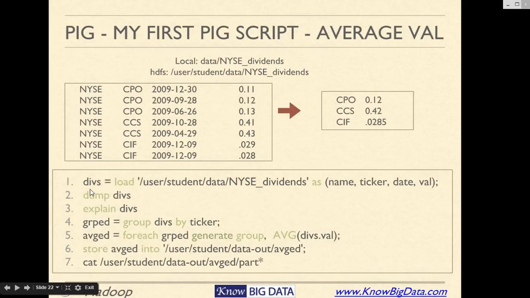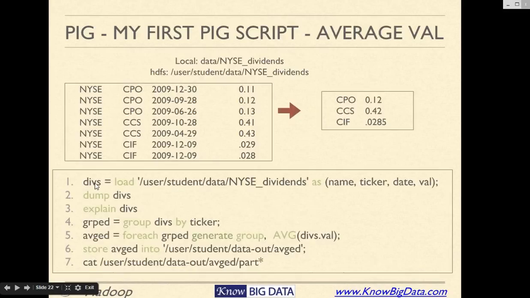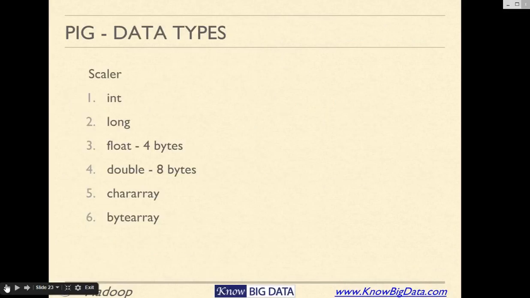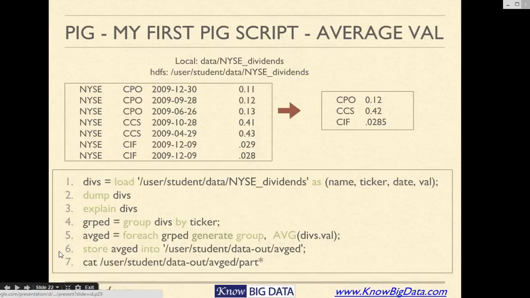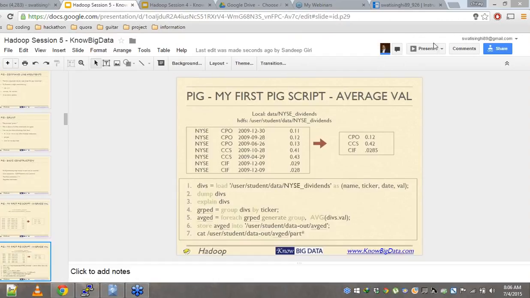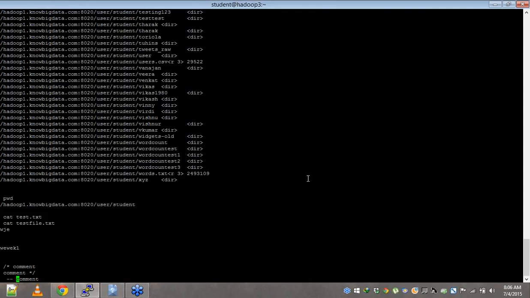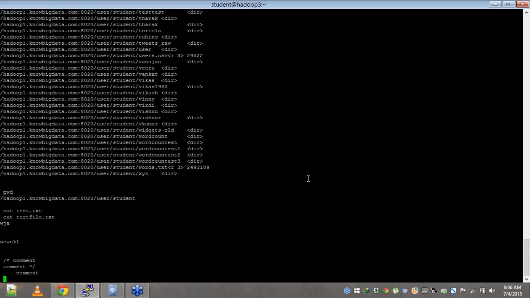You can do a dump divs to see what actually is there. Okay, just a second. So let's run this. Let's also run this simultaneously, so that will give us an understanding.